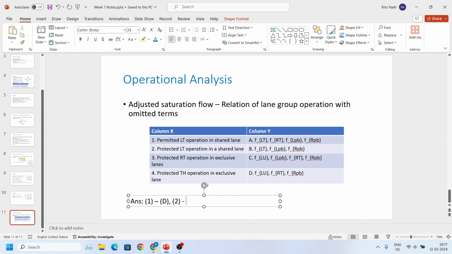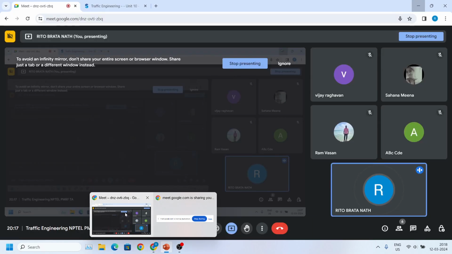So 2 is protected left turn operation in a shared lane. So in that case, LU, LPB, then RT and RPB, that's the one you have to omit. So I think it comes out to be C. But some of you said A, is it?